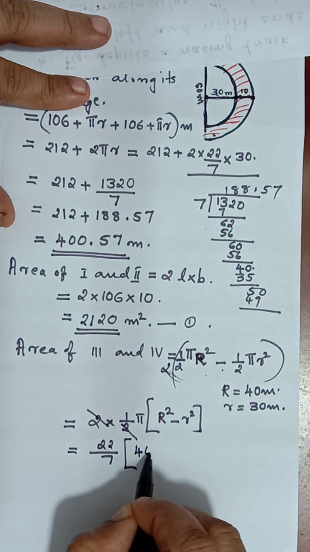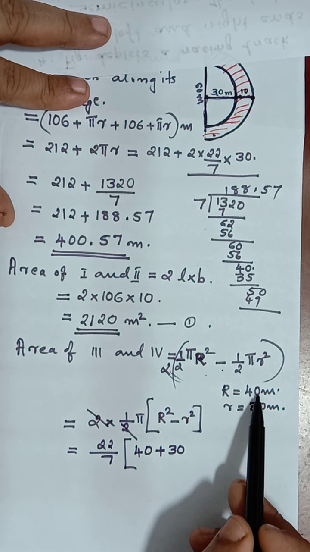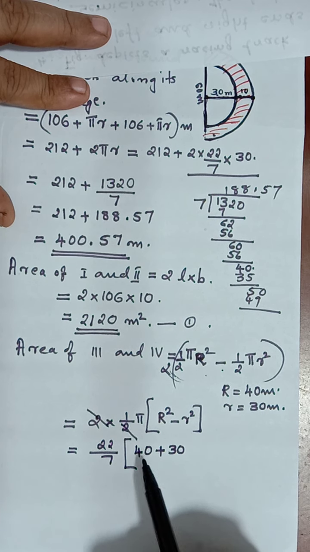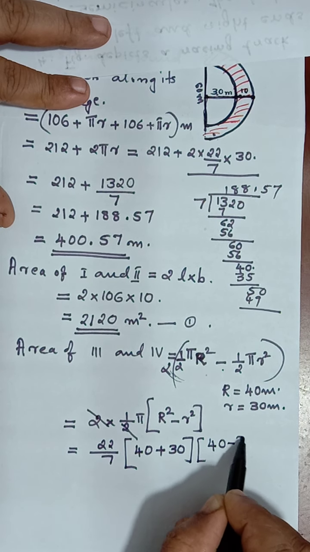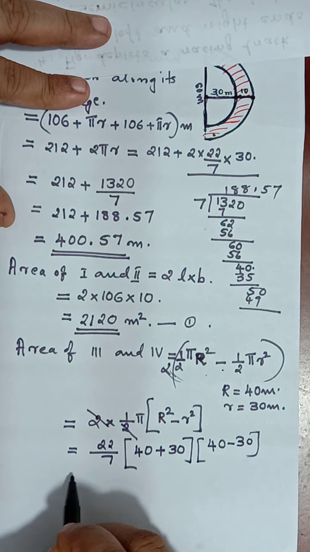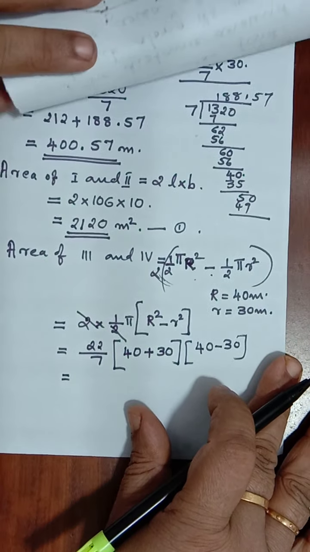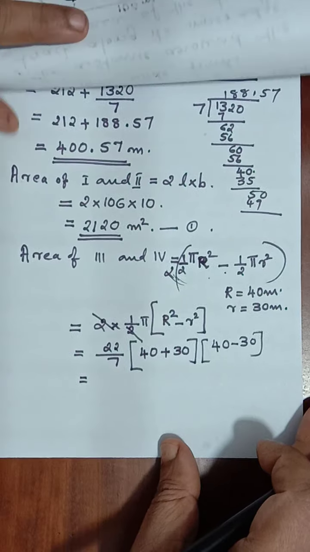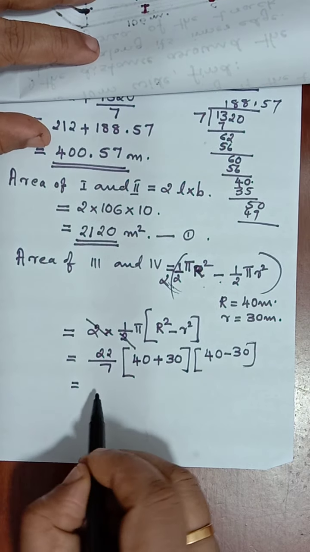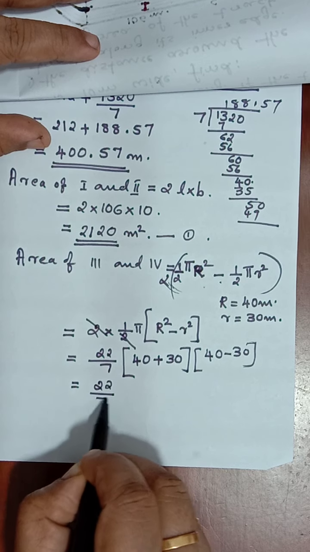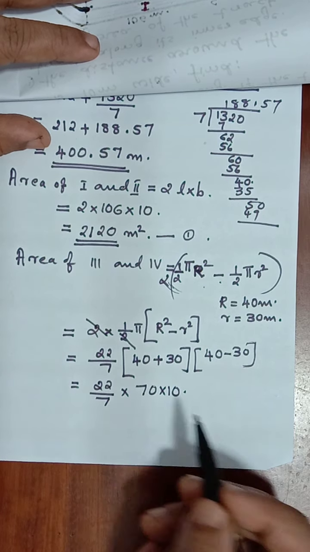So R square minus r square, with R as 40 and small r as 30, is 70 into 10. Here we simplify: 22 by 7 into 70 into 10.